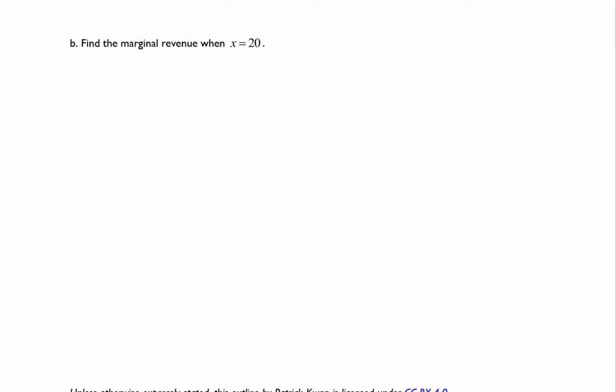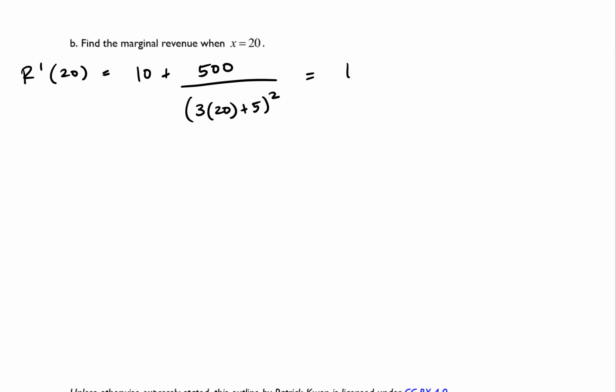Part B says find the marginal revenue when x is equal to 20. So we want to evaluate r prime of 20, and that's going to equal 10 plus 500 over 3 times 20 plus 5 squared.